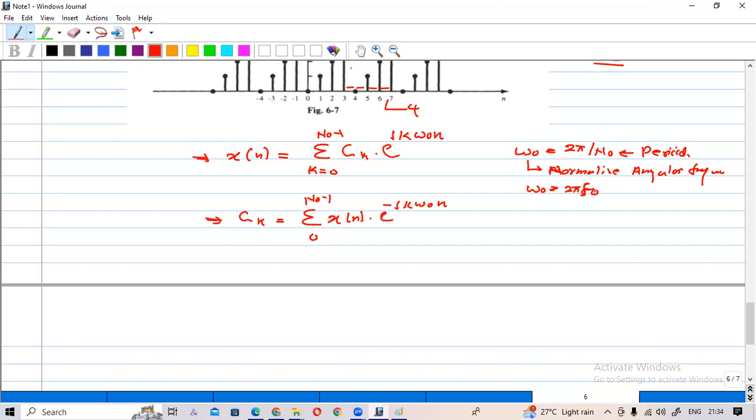Using this, you can find F naught. F naught is equal to omega naught divided by 2 pi. So this F naught is the normalized frequency, which is the continuous time frequency divided by the sampling frequency.